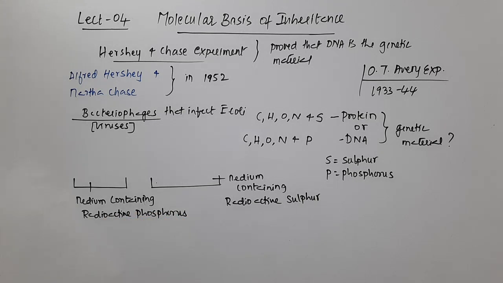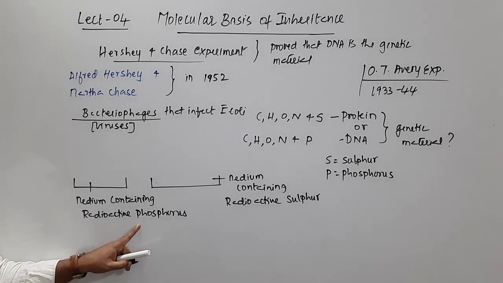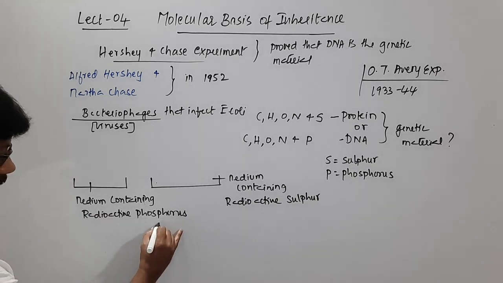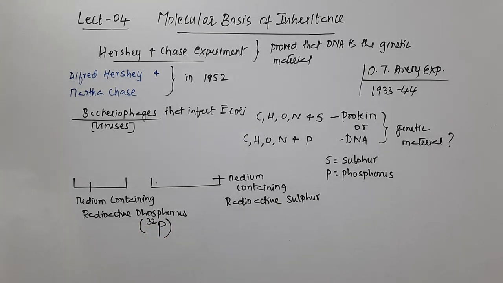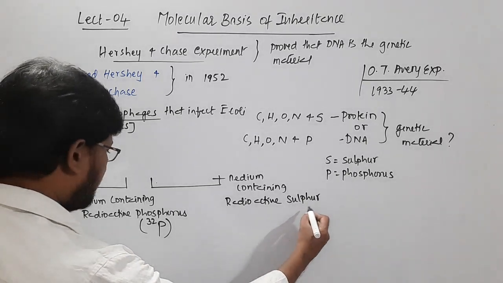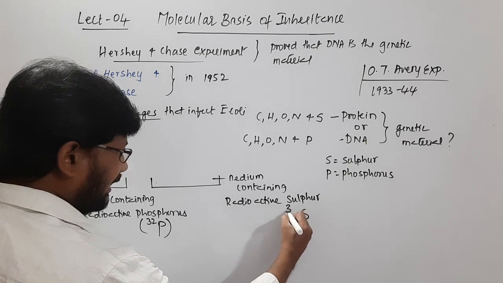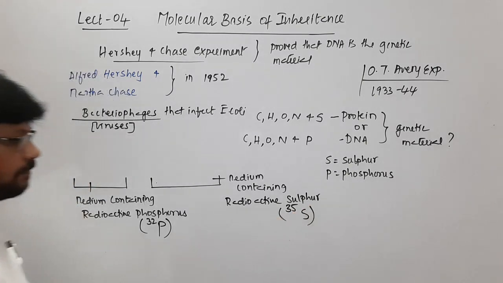Okay, so they have taken radioactive phosphorus and radioactive sulfur. The radioactive phosphorus they have taken is P32, and the radioactive sulfur that they have taken is S35.